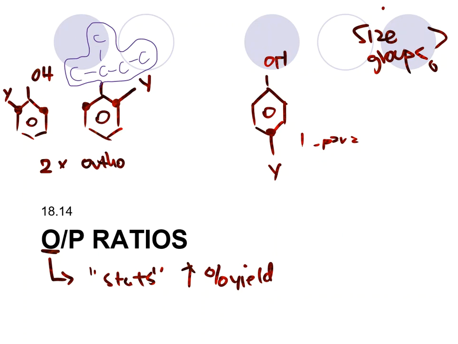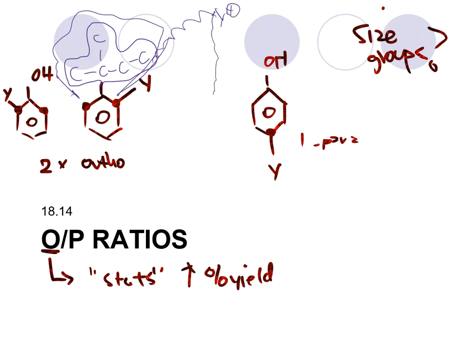It's fairly large. And if I have an incoming electrophile that's going to come in and attack an ortho spot, boing, it can't really get in there. And if it tries to go onto the other side, it can't really get in there because that bulky group is taking up size, it's taking up space, and it will prevent that group from easily getting to that ortho position. So this electrophile says, fine.